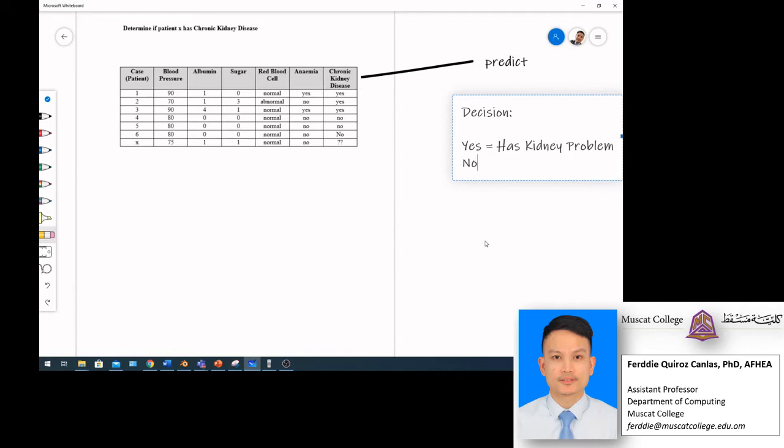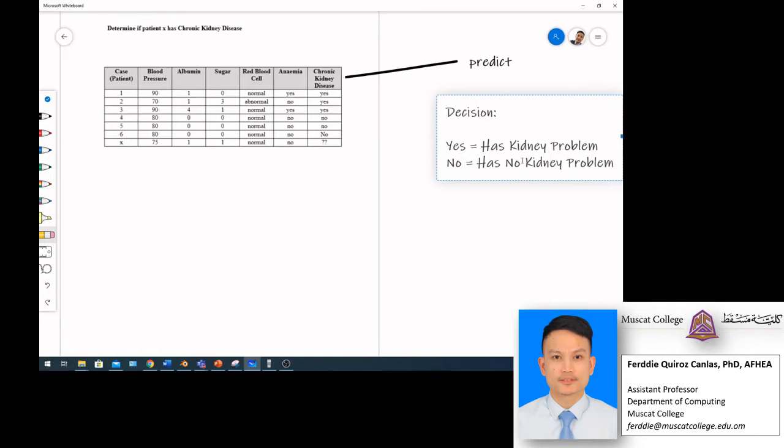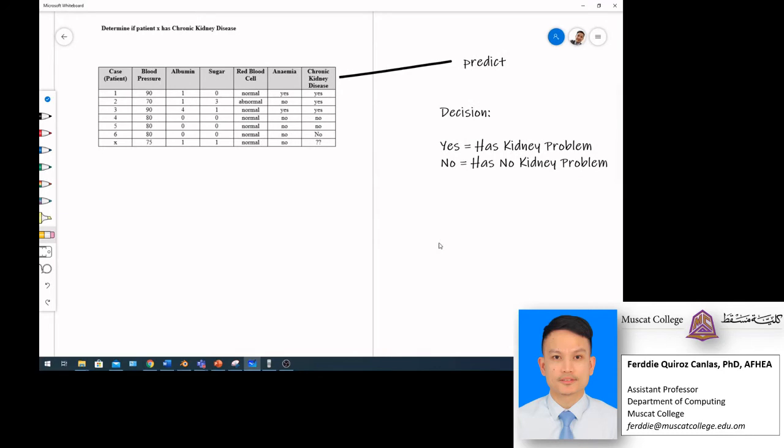If the answer is no, the person has no kidney problem. So we want to determine using case-based reasoning if the person is having kidney problem or not, based on the following symptoms here. So before we calculate this one, I want you to make observation on how data is presented here.